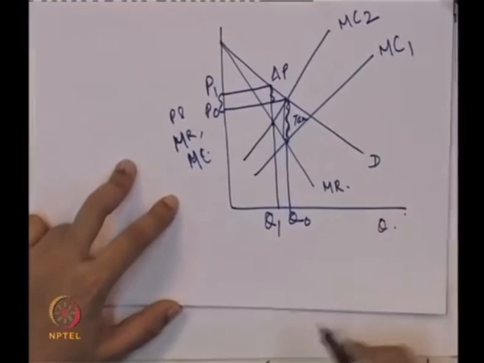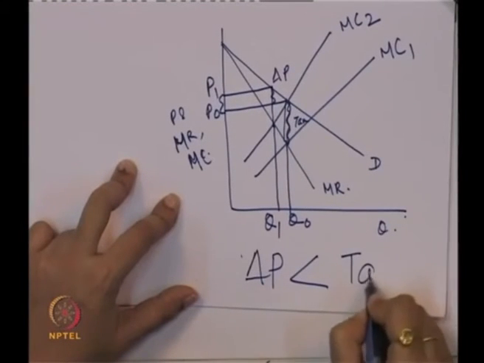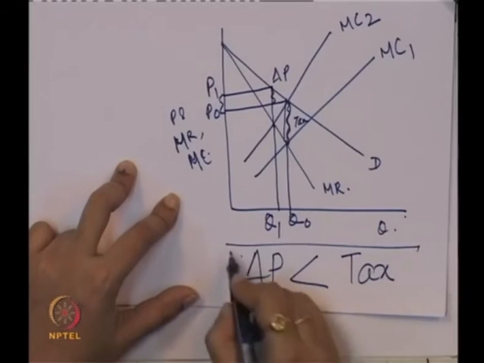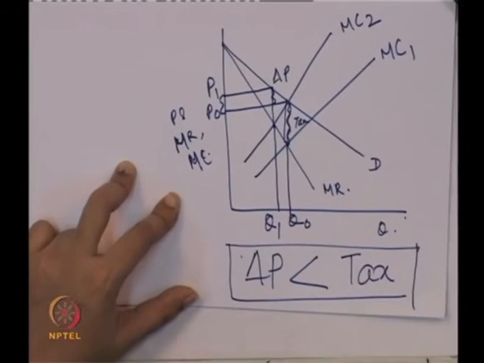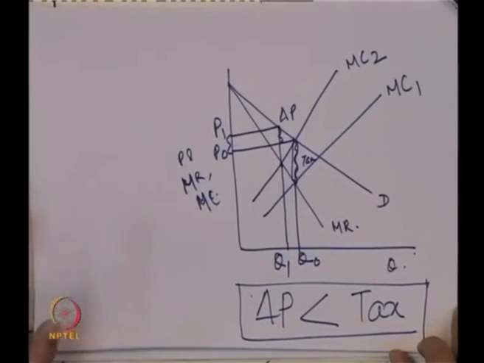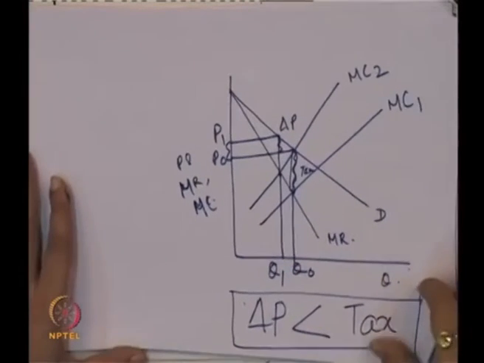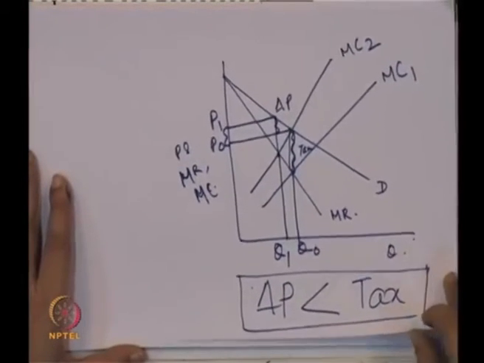So if you look at it, the change in the price is less than the tax, and in this case we can say that the producer is just passing part of this tax or part of the burden of tax to the consumer, not the entire tax burden.